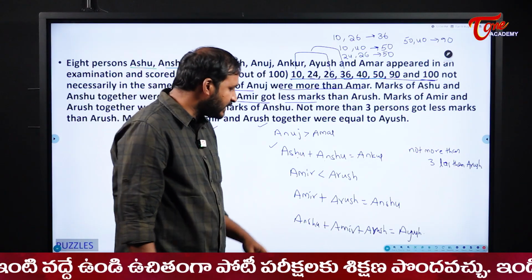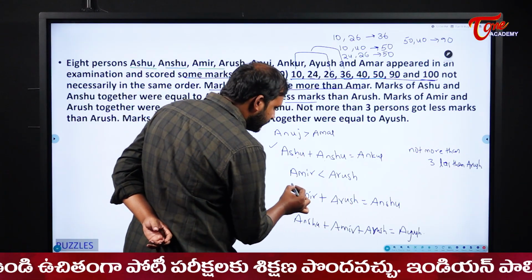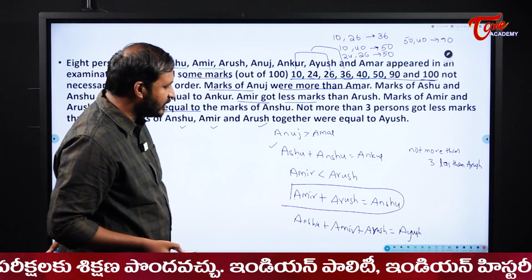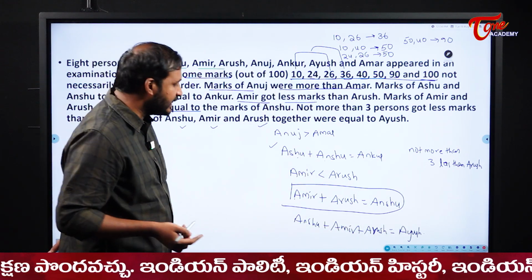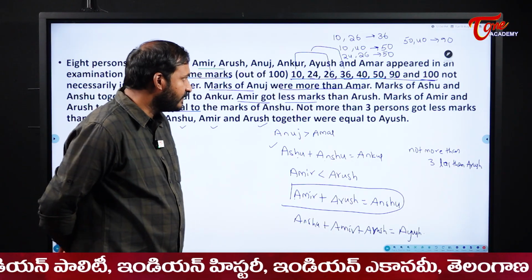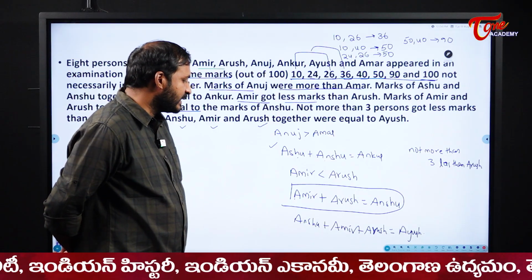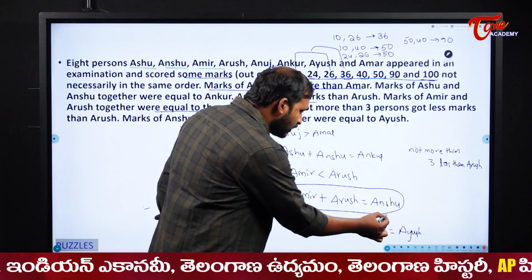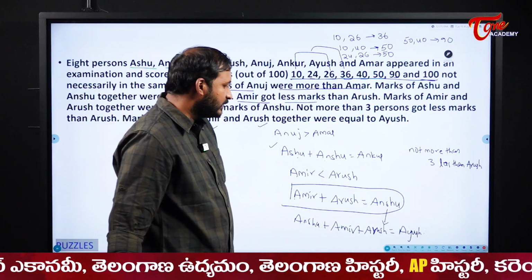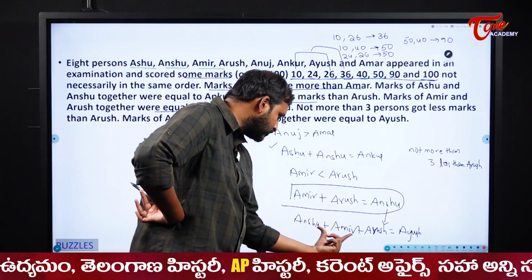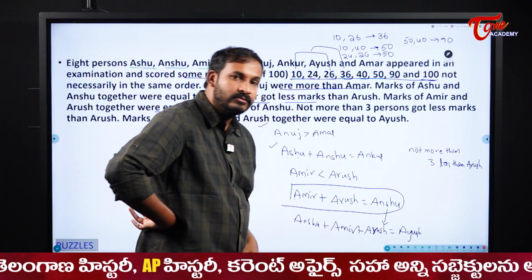So first I need to find the Amir and Arush pair, because only then can I substitute the Anshu value here. What are the chances I can take for Amir and Arush? Observe one more logic: the sum of Anshu, Amir and Arush should once again be equal to Ayush.